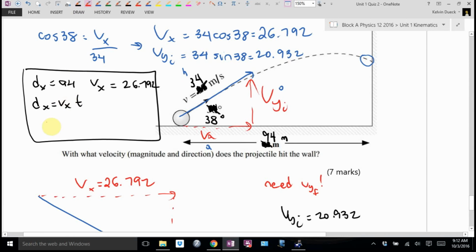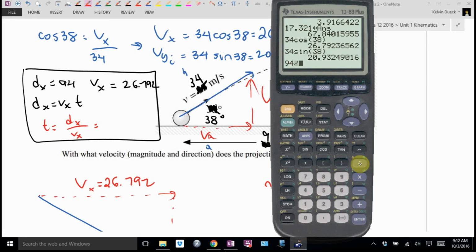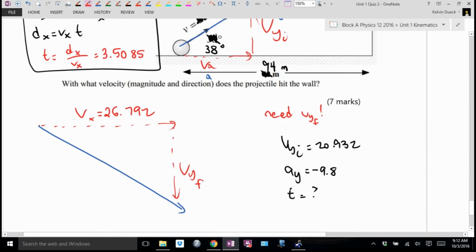I think I can go t equals dx over Vx. 94 divided by 26.792. You get a time of 3.5085? 3.51, but I'll carry extra sig figs. 3.5085. Ah, nice.